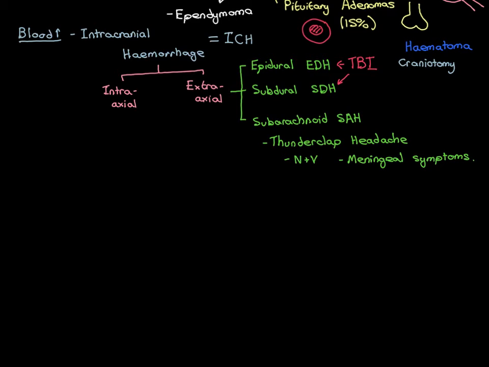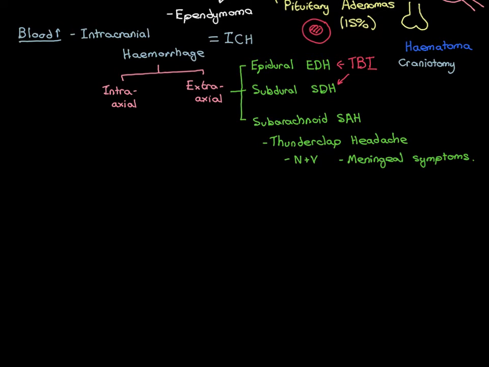Okay, so more things that I want to discuss then. So we now understand why subarachnoid hemorrhage produces this thunderclap headache. It's because the headache isn't just coming from the rise in intracranial pressure. Of course, that will be contributing. It will cause a rise in intracranial pressure because now you're getting blood accumulating in the subarachnoid space, which will raise intracranial pressure, and that will be activating the meningeal nociceptors as well.